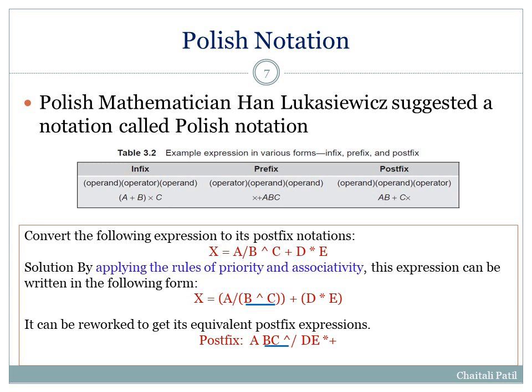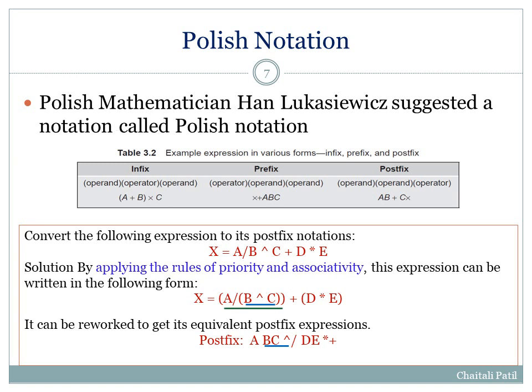After converting b raised to c as bc raised to, and after performing the raised to operation on these two operands, we get this complete expression as one single operand. We have to consider this bc raised to as one operand while solving the remaining expression.